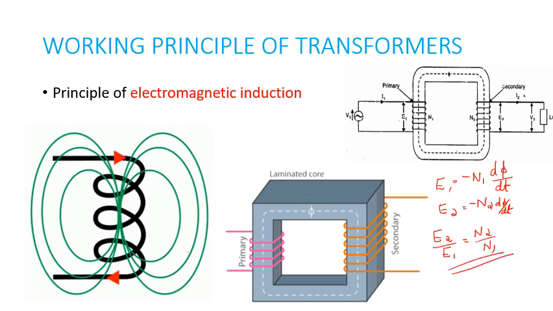So if N2 is greater than N1, E2 will be greater than E1. Hence, it is known as a step-up transformer. Similarly, if N2 is less than N1, the secondary induced EMF E2 will be less than the primary induced EMF E1. Then it is a step-down transformer.